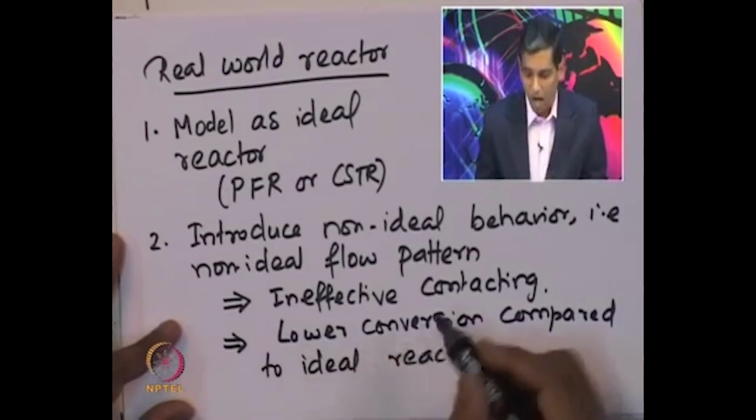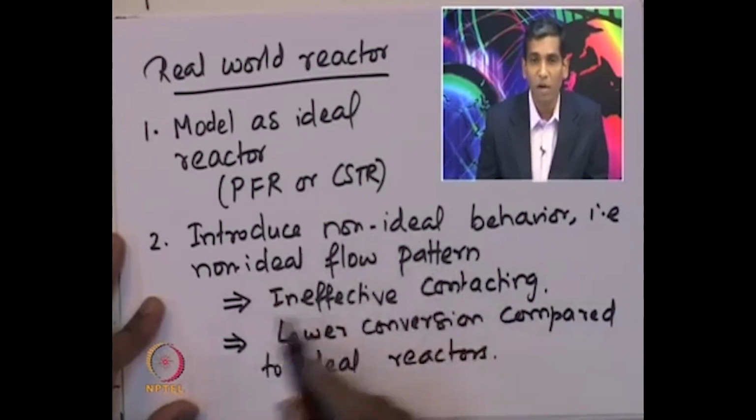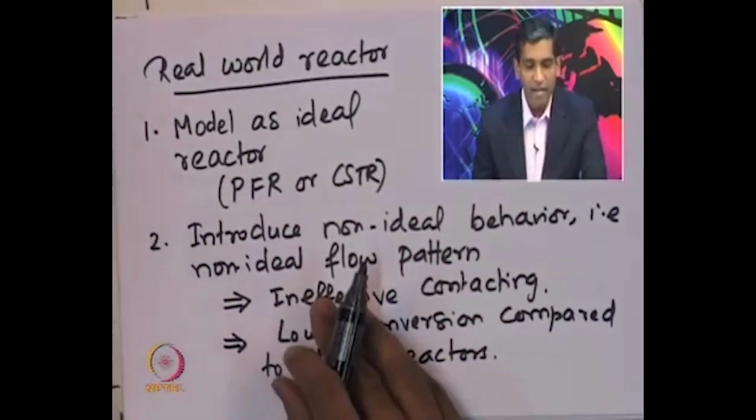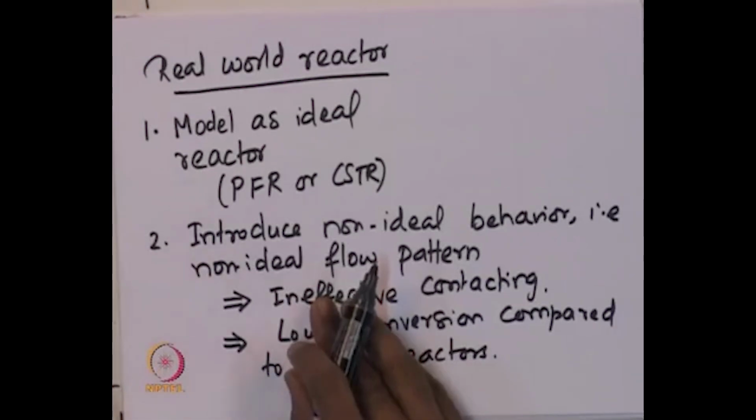So, one needs to account for these two factors if one has to introduce the non-ideal behavior into the ideal reactor model. So, once we know that the reactor behaves like a non-ideal reactor, then we need to account these two aspects into the model to capture the dynamics or the behavior of the reactor. Now, the question is, how do we account these two factors?